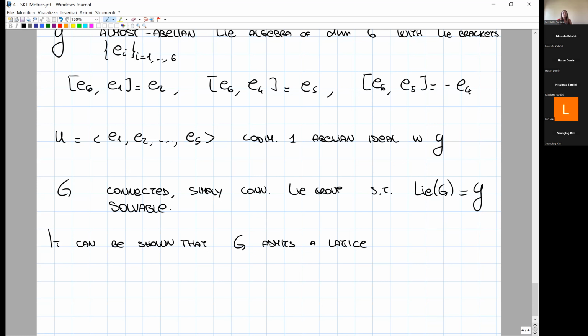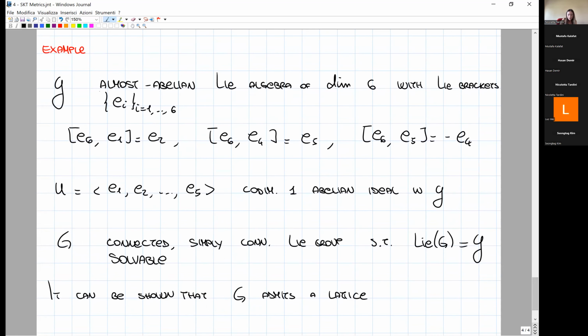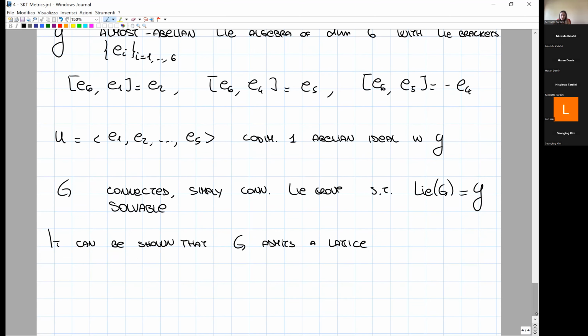Okay, so in general, we said that it's not so easy to understand when a solvable Lie group admits a lattice. But in some cases, we can find lattices. In particular, we can find lattices when we know that the Lie group is almost abelian. I mean, we have a criterion to understand when a solvable almost abelian Lie group has a lattice.